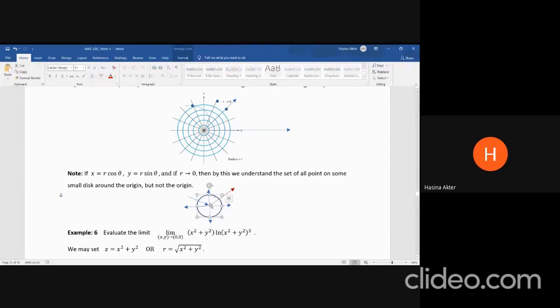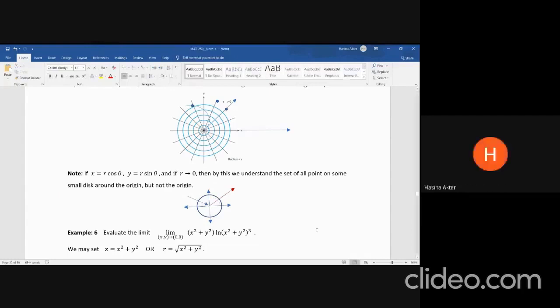If we just go along this line, theta is fixed, R is changing. If it is along some ray, theta is fixed, right? So we are not trying to control theta, we will just control R. Okay, did you understand that when you use the polar coordinate?